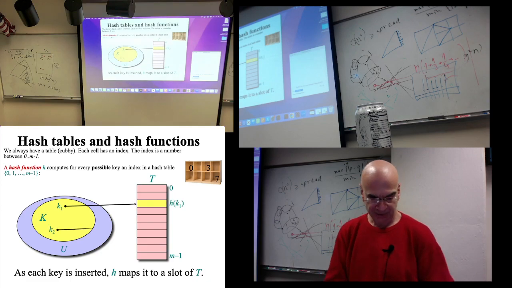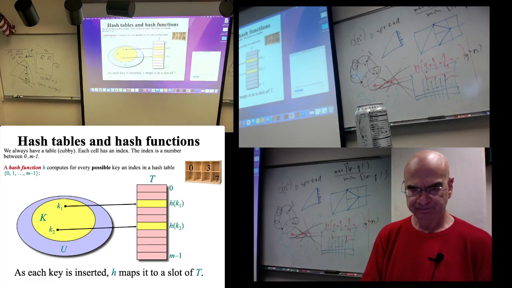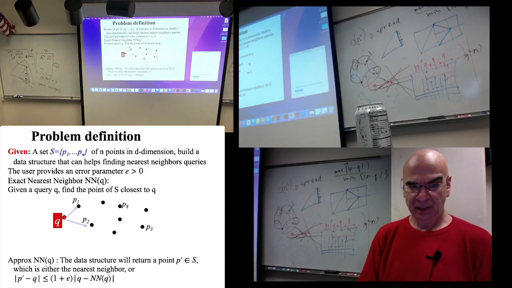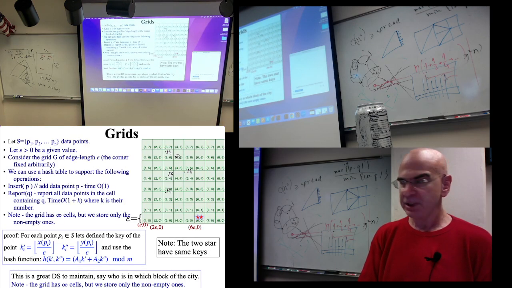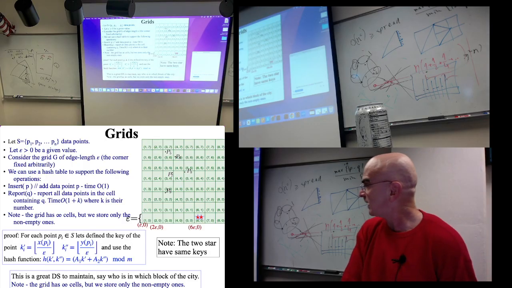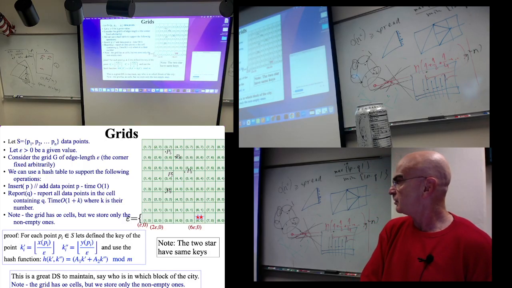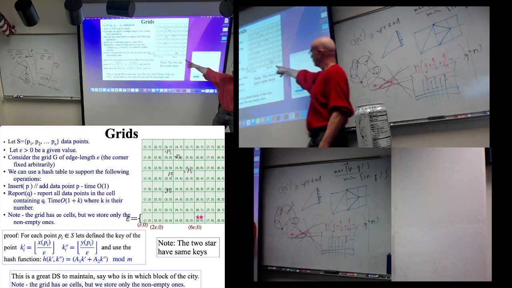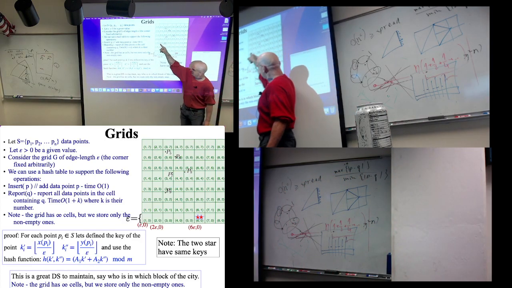Use hashing along the way. We talked about putting the points on a grid when a lot of the points might be in one grid cell. How would we do it? Just use a hash table, but only store the cells that are non-empty.